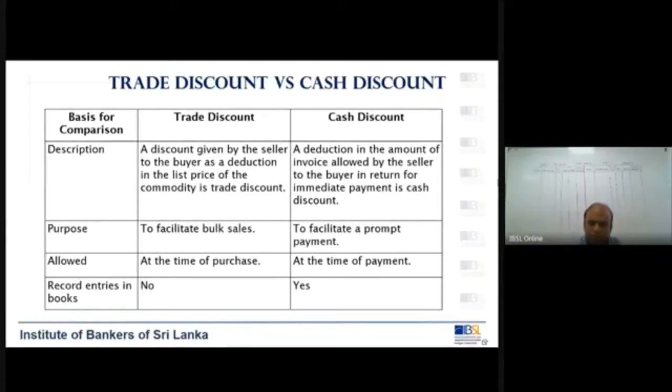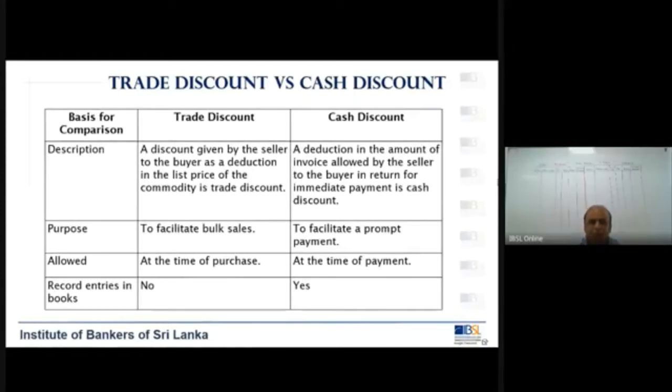Now what happens in businesses is that sometimes these types of discounts are used by the sellers to motivate the buyer to buy the product. So why do you need to give discounts? We also go for various types of purchases during seasonal time. Why do we go during this seasonal time?